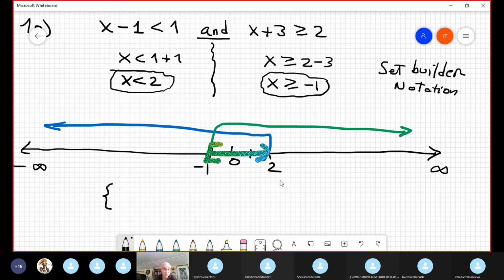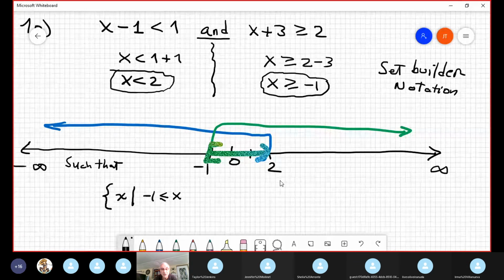This is the notation, this is symbolic. You put the name of the variable, in our example x. You put this line, which indicates such that, and then your specification, the interval. In this case, it is in between negative 1, the lower endpoint, and the upper endpoint 2.